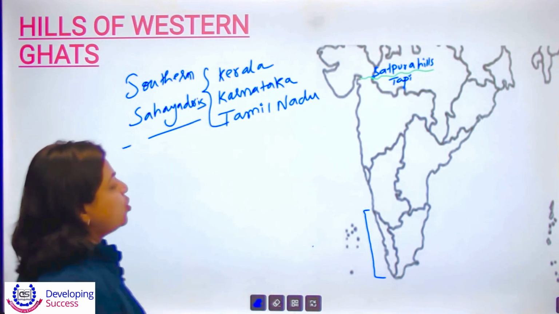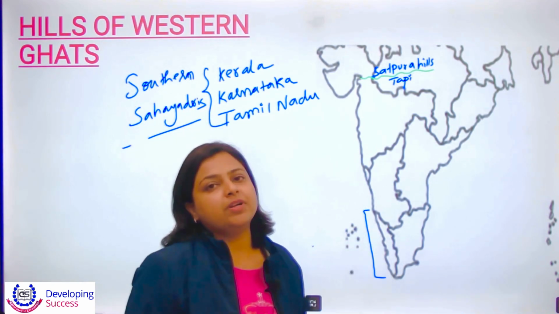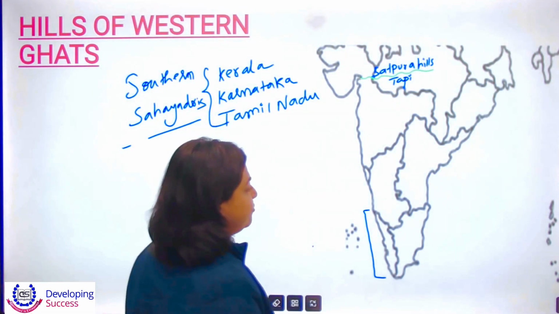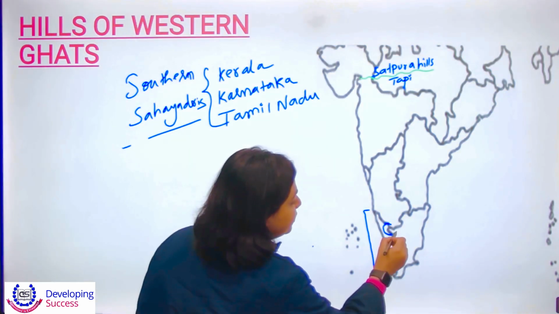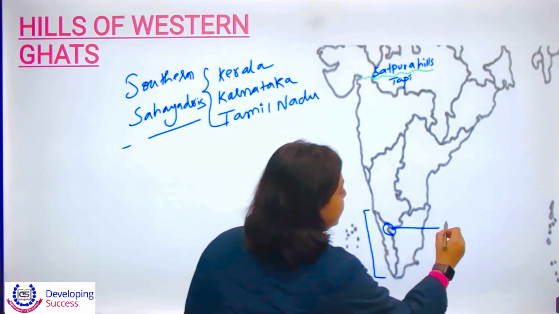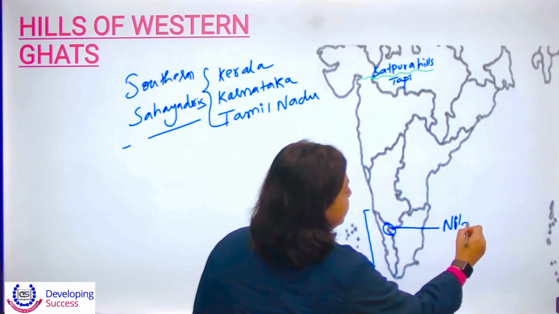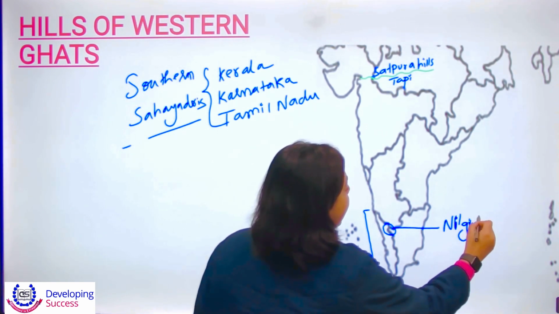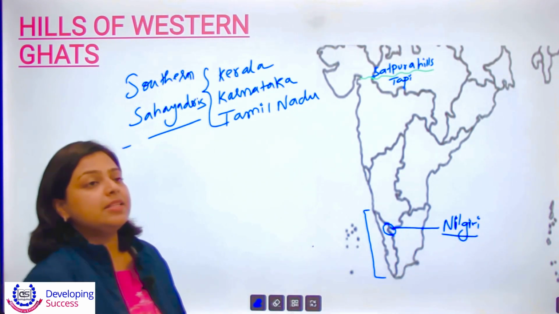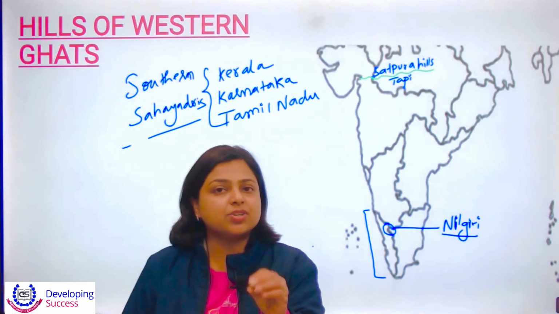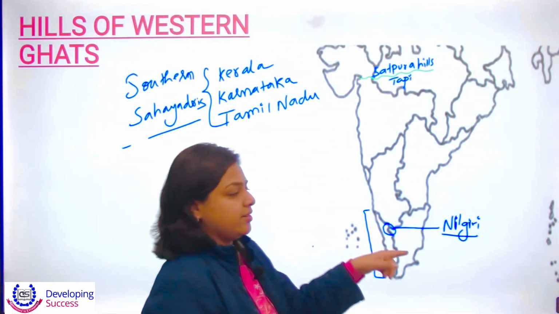Okay. So in the southern part of the Western Ghats, we have the hills. The first hill is here, which is known as Nilgiri. The Nilgiri Hills are present on the tri-junction border of the three states.